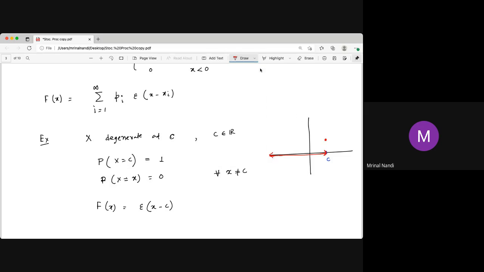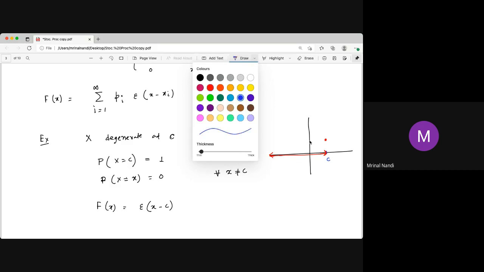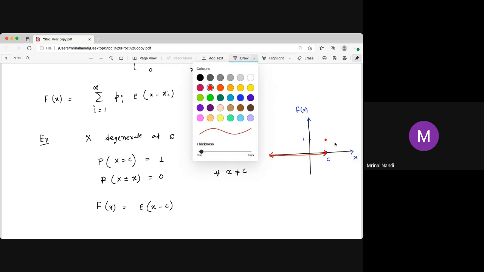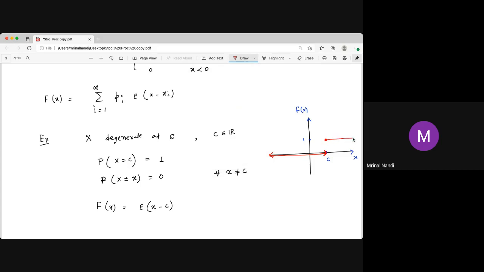This mark is 1 on the y-axis. On the y-axis we put F(x), and here we put x, and after C this will be just 1. It's only one jump.